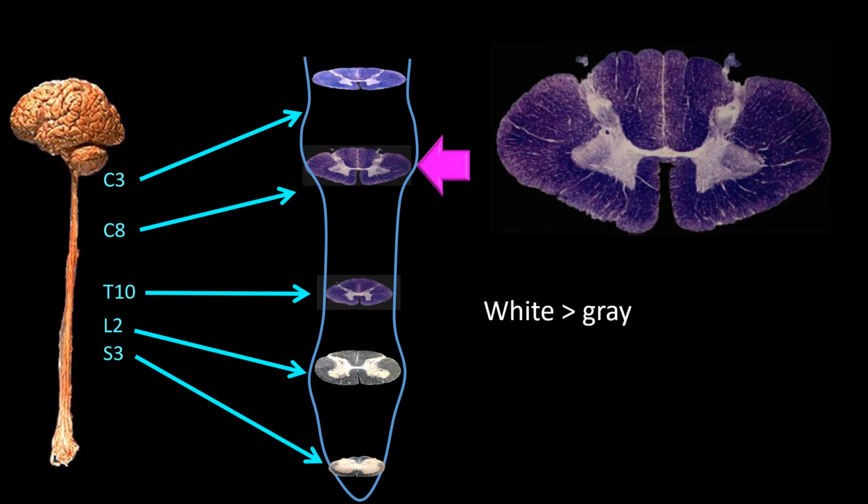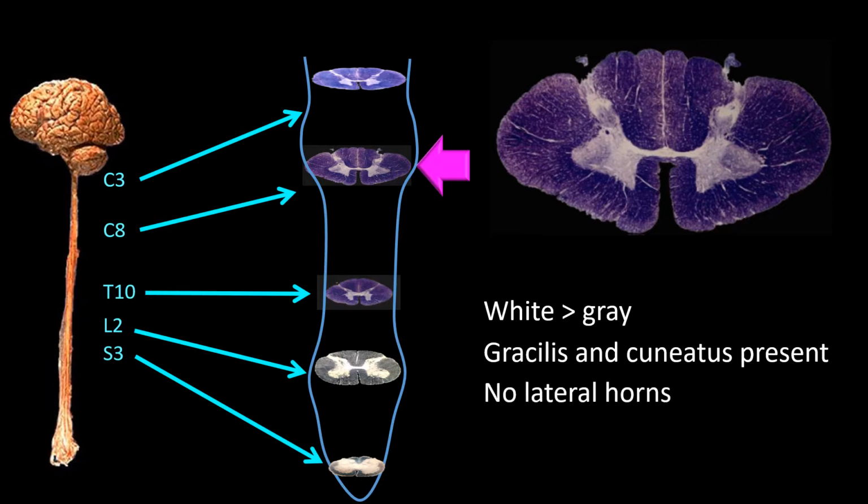Still, there is more white matter here in dark blue than gray matter. Gracilis and cuneatus tracts are present. Lateral horns are not present at this level in this specimen, but sometimes traces of them can be seen at this level. Anterior horns are not round.